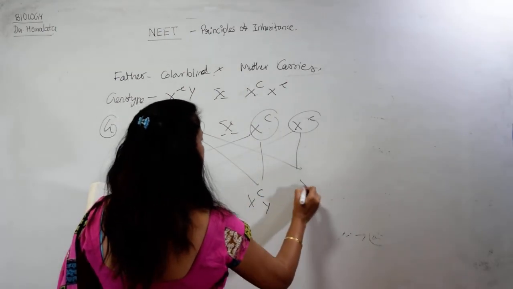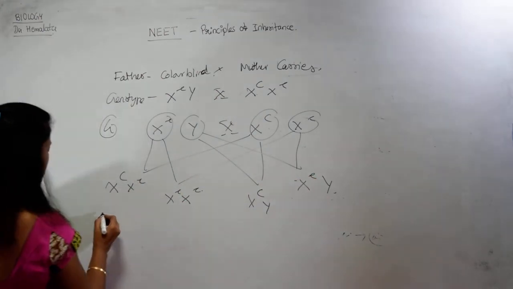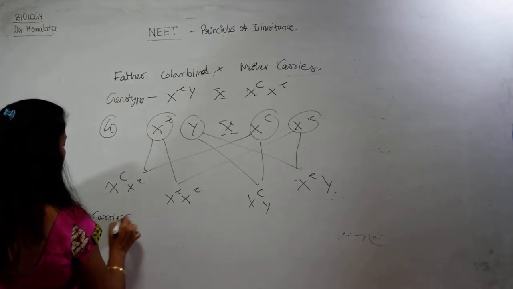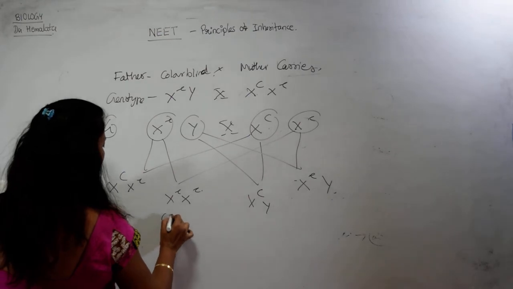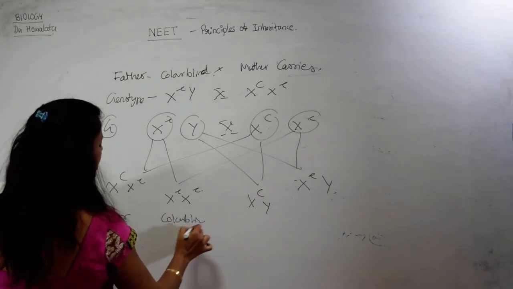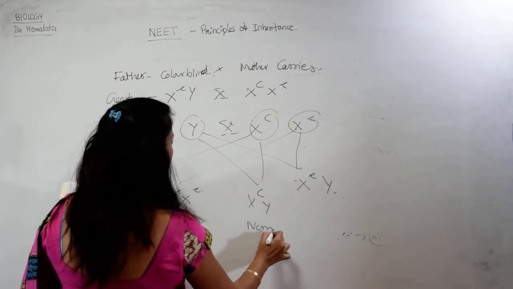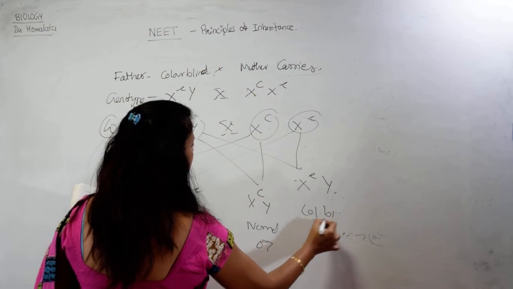This is X small c and Y chromosome. So who are these? This is the normal female but carrier. Carrier but normal female. This is the colorblind female. This is the normal male. This is the colorblind male.